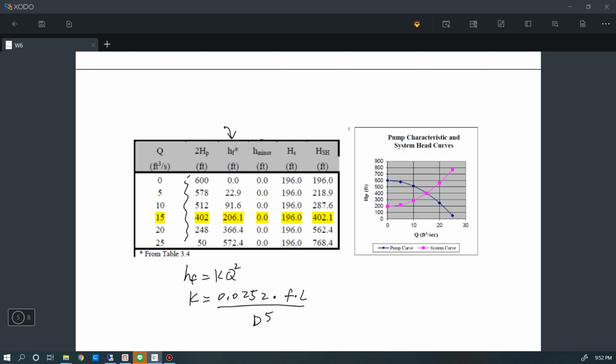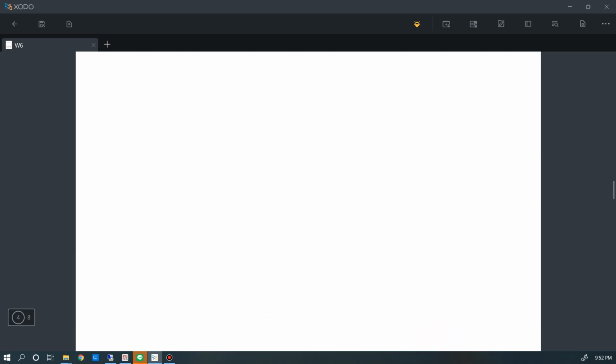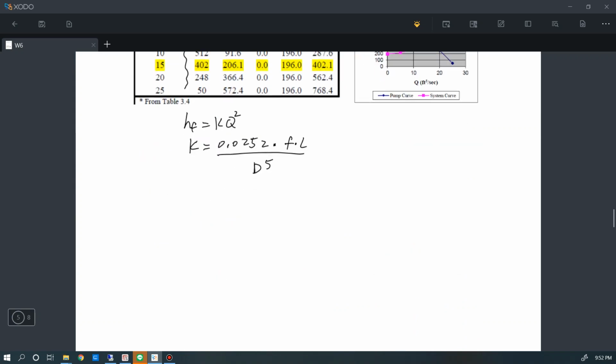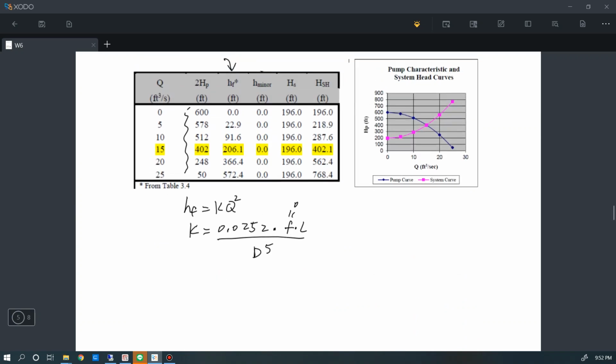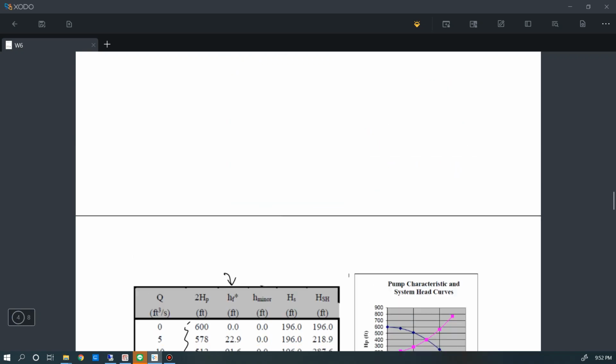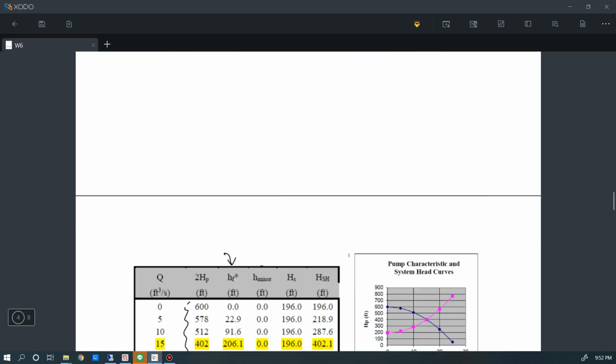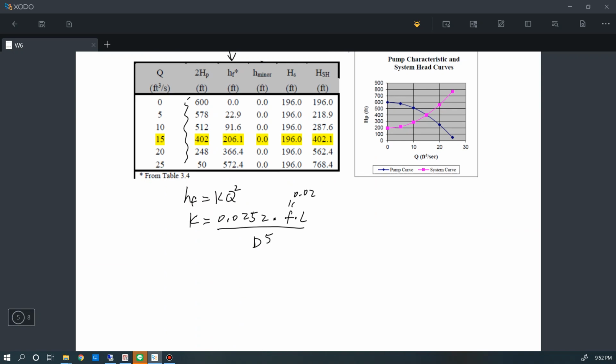Okay, so you know F is equal to 0.02, and you also know the length and the diameter as I show in this figure. Length is equal to 13,800 and the diameter is equal to 1.5 feet. So you can calculate the corresponding head losses for each flow rate.